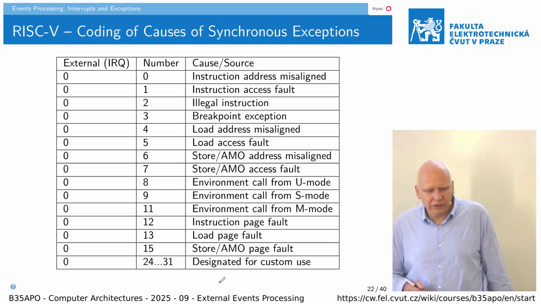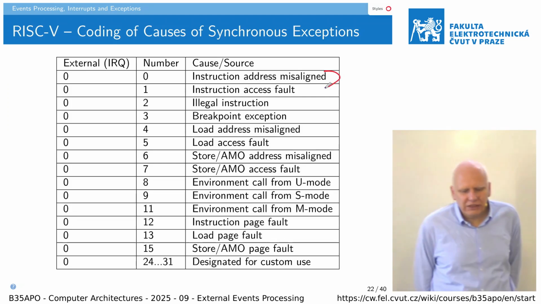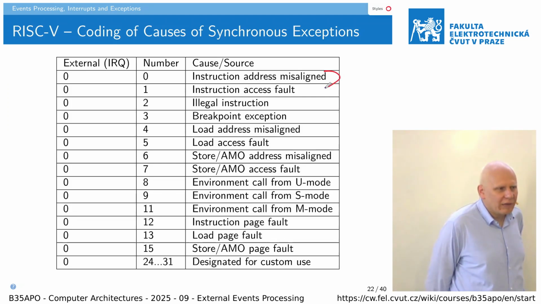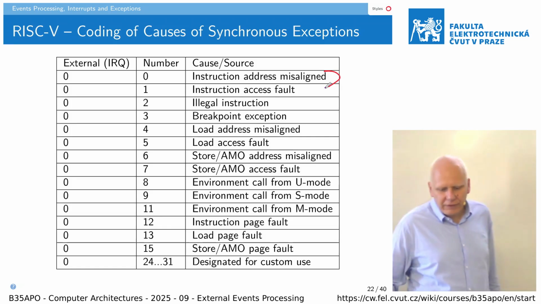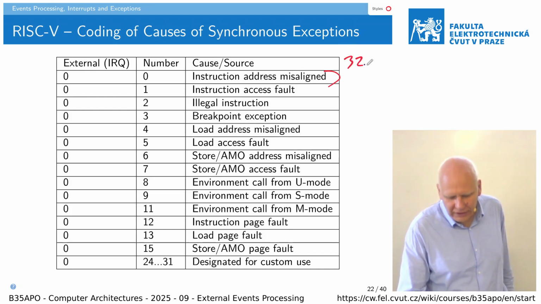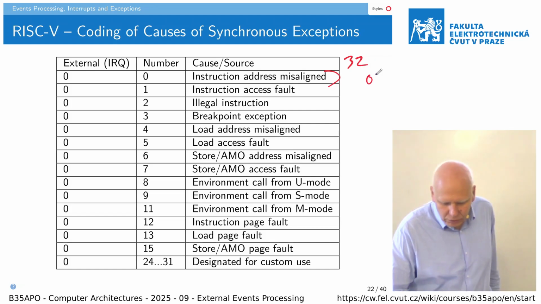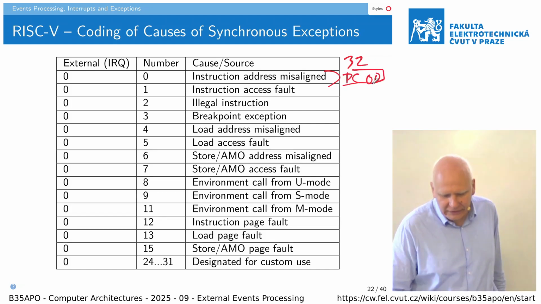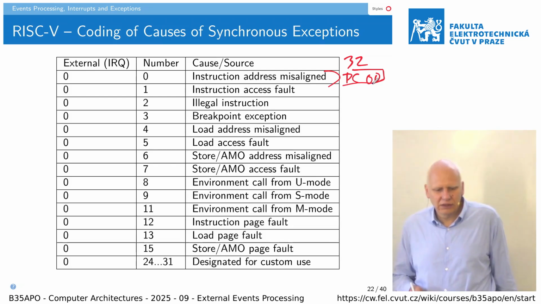And there are some codes. So for those synchronous, there is code 0, which means that we attempt to read an instruction from an unaligned address. If we do not use the compressed instructions, if we use only the 32-bit encoded instructions, then if the last 2 bits of the program counter address are not 0, 0, then this is a misaligned access.